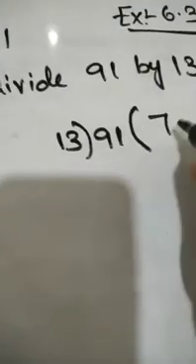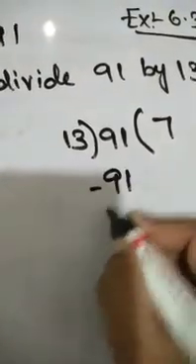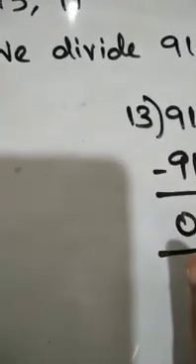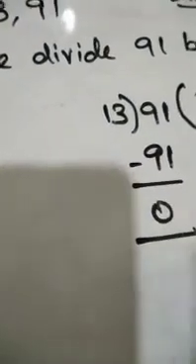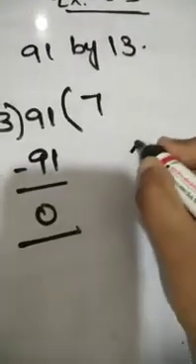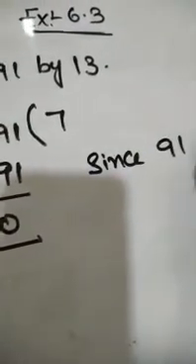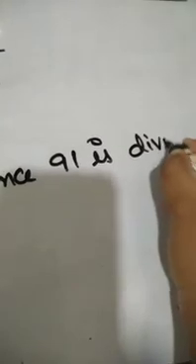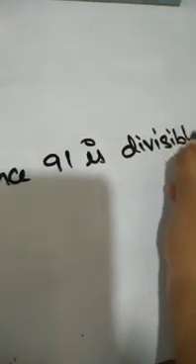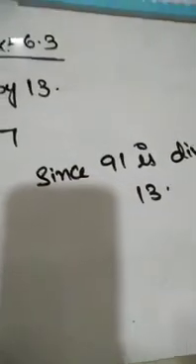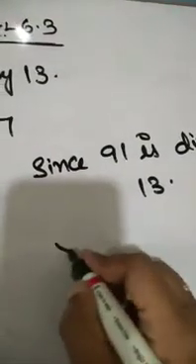So 13 7s are 91. 91 minus 91 is 0. Since 91 is divisible by 13, yes, it is a multiple of 13.